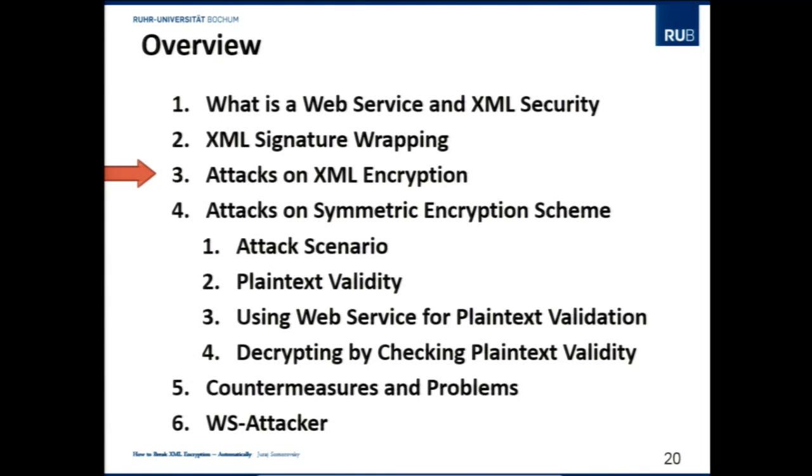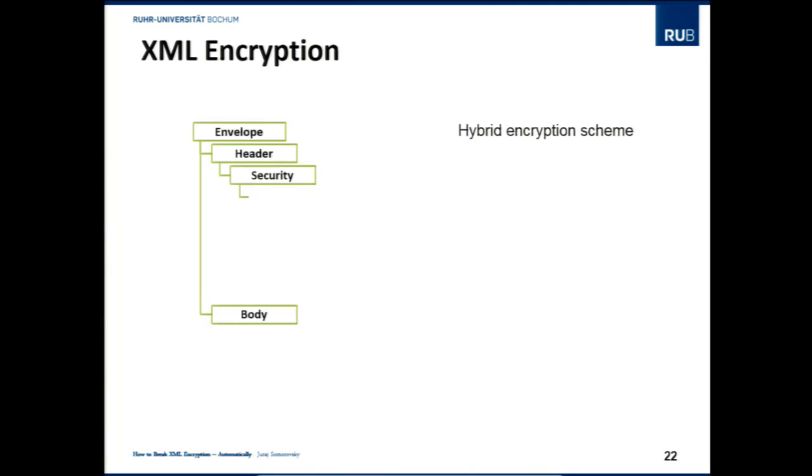Now we are going to describe the basic ideas behind attacks on XML encryption. Typically, when we use XML encryption, we use a hybrid encryption scheme. If we want to encrypt data, we construct an encrypted key and an encrypted data element.